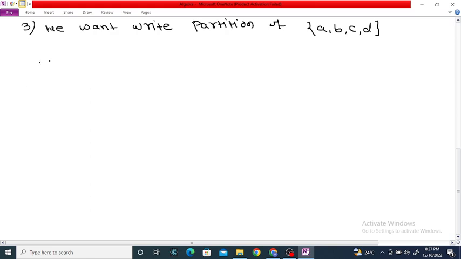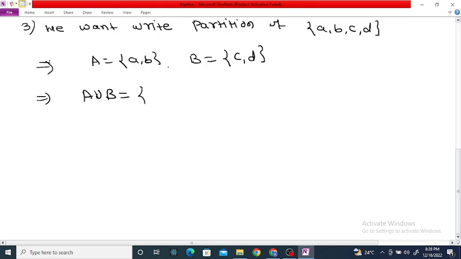So here we can write a partition, say the set A is equal to {a, b} and set B is equal to {c, d}. Then A union B is equal to the whole set {a, b, c, d}, and A intersection B is equal to the empty set.